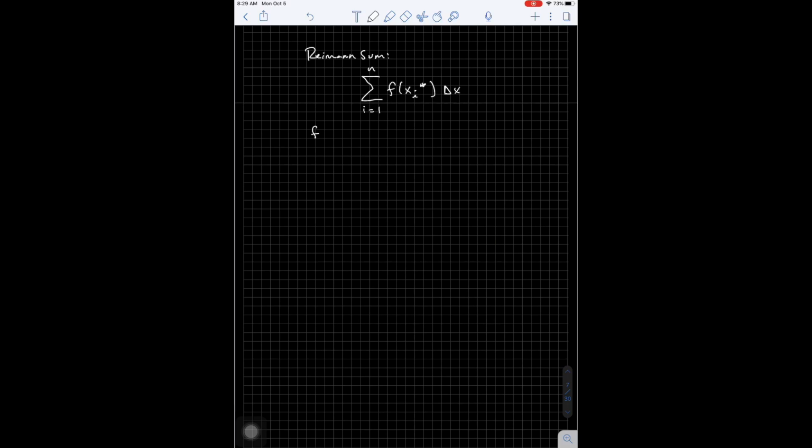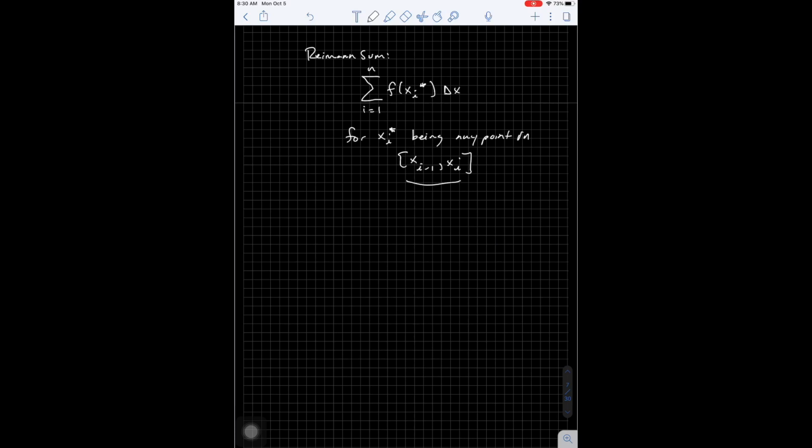Now let me define that notation. This x sub i star is a generic marker, so, let me write it this way, sorry, better English: x sub i star is any point in this generic interval.